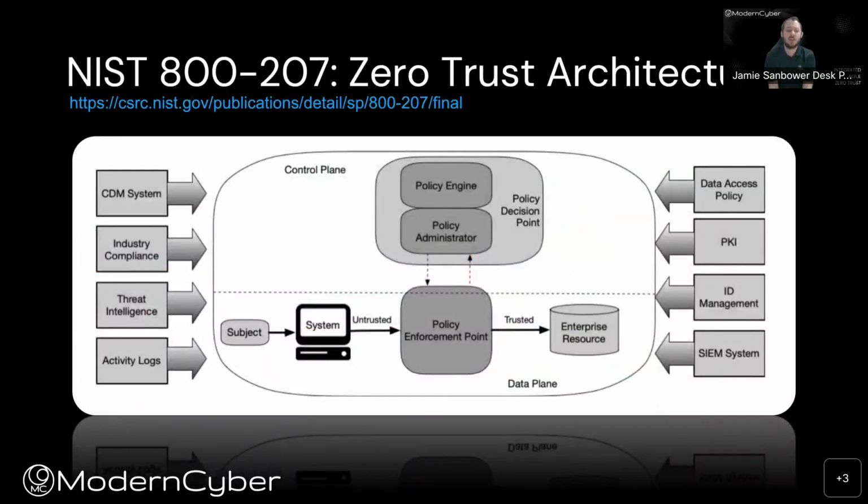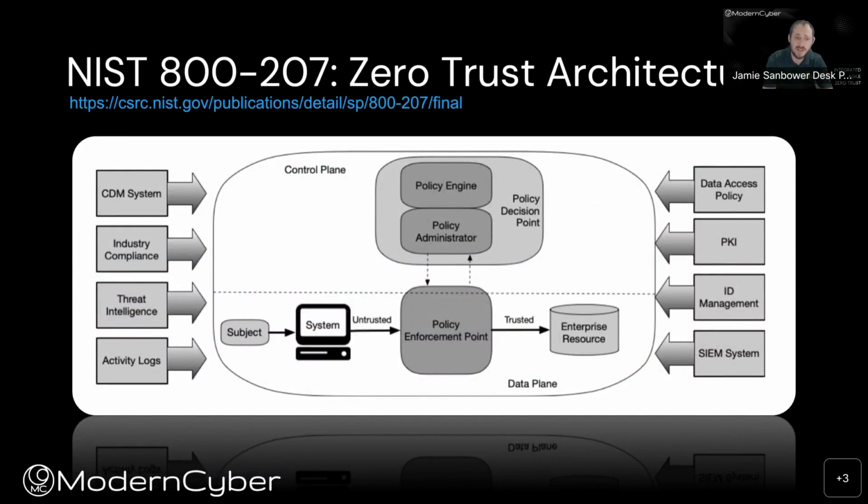Now, architecturally, one of the best vendor agnostic references you're going to get when it comes to architecture is NIST 800-207. So the NIST standard does call out a more high-level diagram around how a zero trust policy engine should work. And what you'll see here, a couple call-outs, right?